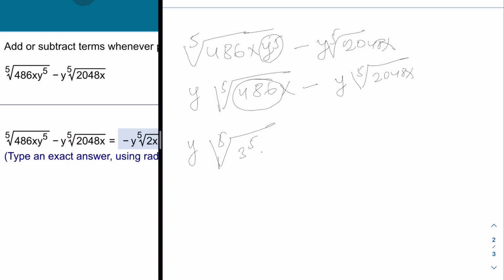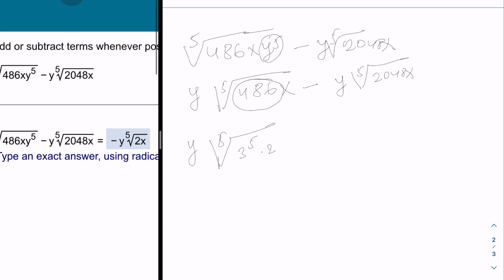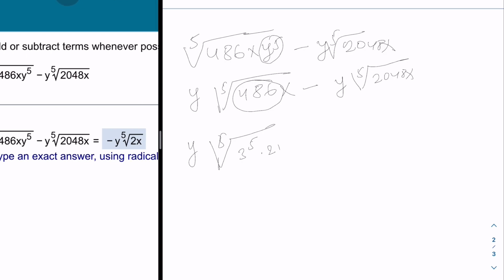243 into 243 into 243, 2048. It shows 4.59 something.